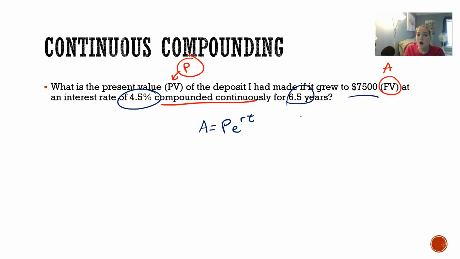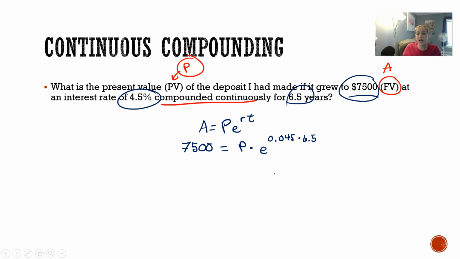Okay, so remember that we're changing what goes in where. So the $7,500 actually goes in for A. So we're going to replace A with $7,500 this time. We don't know the principal amount this time. That's what we're trying to figure out. But we do know E is E, 2.71. And then R is going to be 4.5% as a decimal, which is 0.045. Multiply that by 6.5.